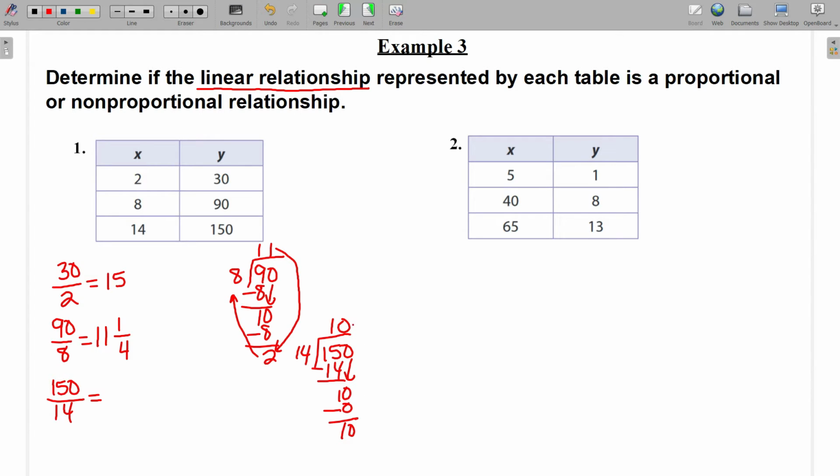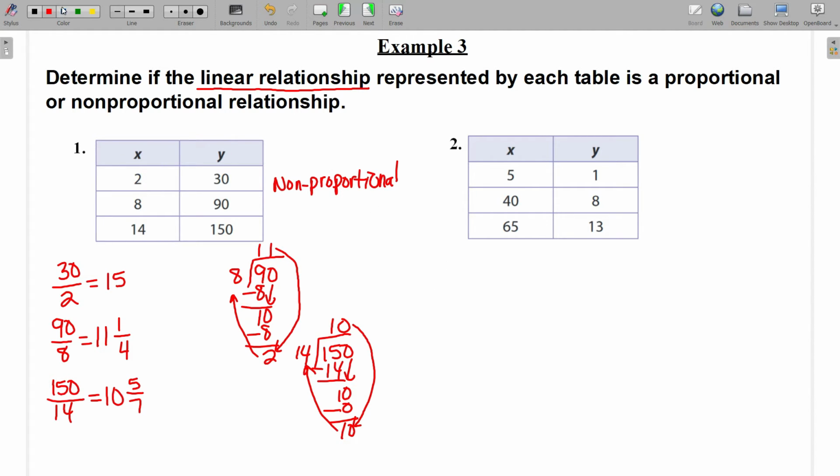The way I would read this is 10 and 10/14, which I can then simplify down to 10 and 5/7. Now what you'll see is that each one of the y to x values is changing here. They're not constant. So this is what we would classify as a non-proportional relationship. And that would be for the first one there.